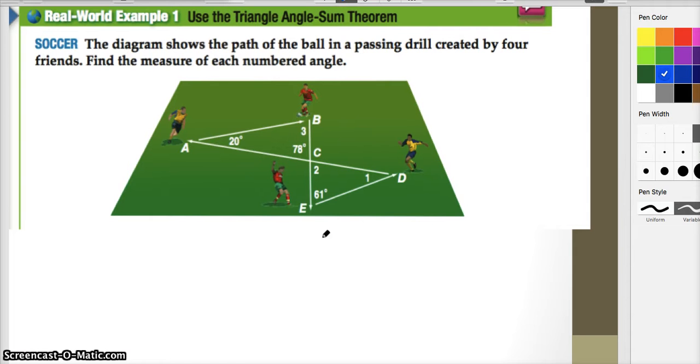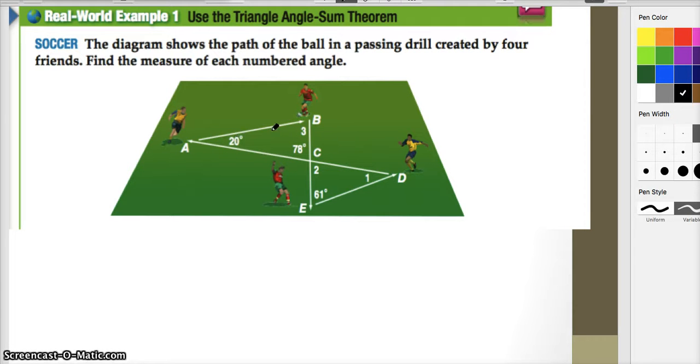The diagram shows the path of the ball in a passing drill created by 4 friends. Find the measure of each numbered angle. And so remember, the interior angles of any triangle will add up to 180 degrees. So this should be simple. We would do 20 plus, let's look at this triangle here, triangle ABC.